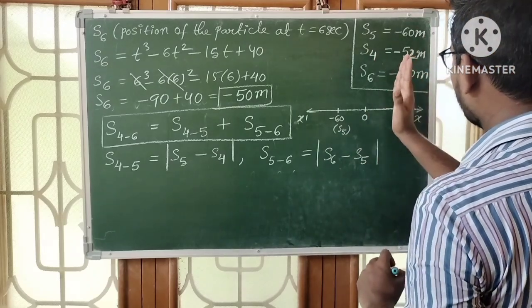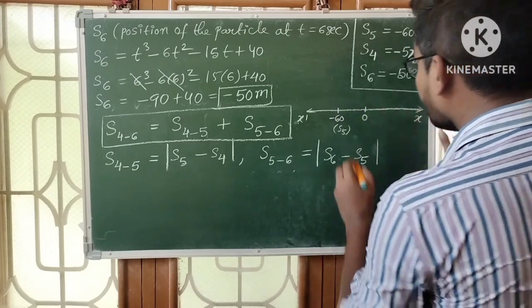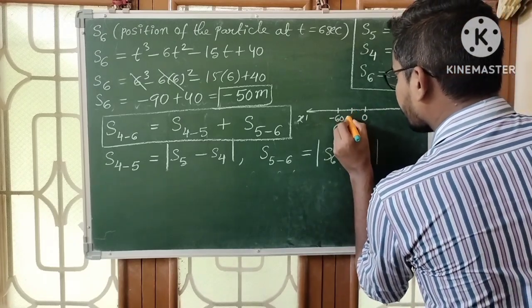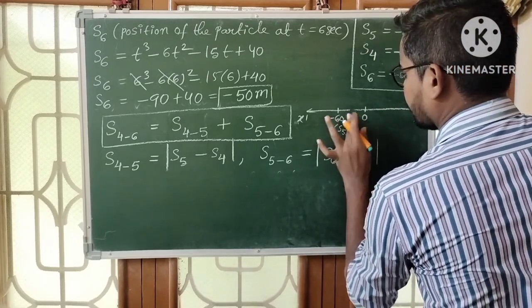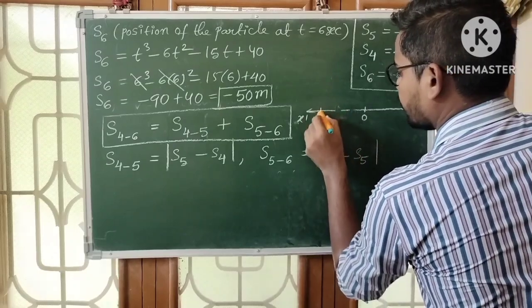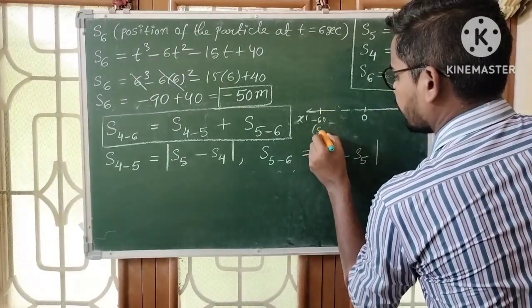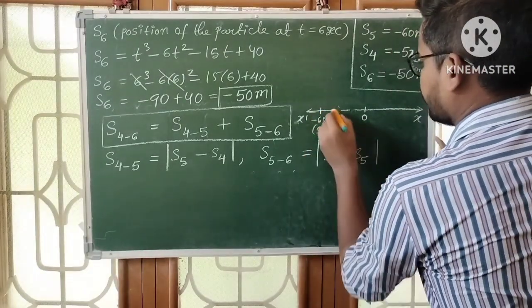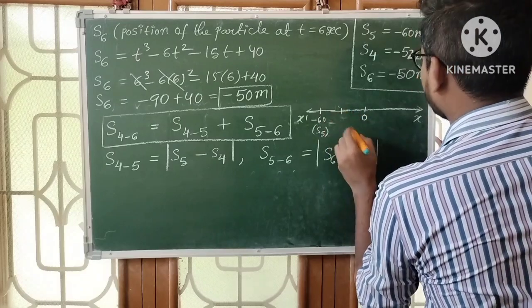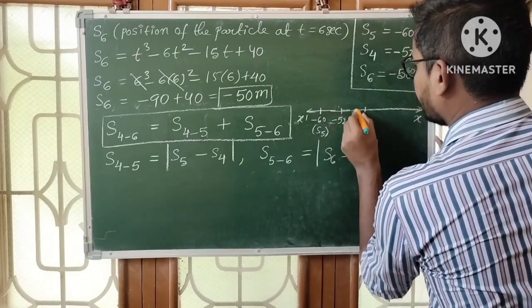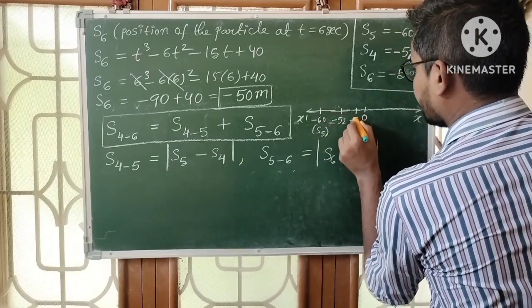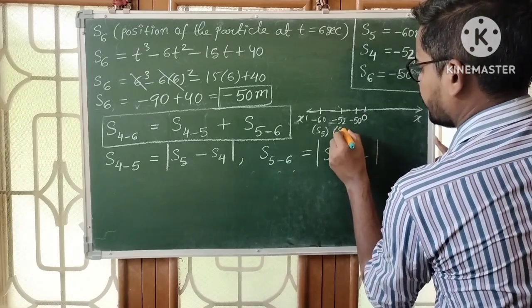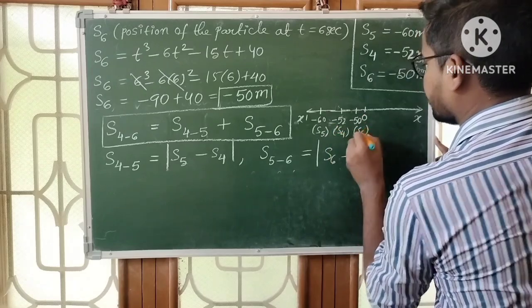And next S4, minus 52 meters. Minus 52 is located to the right of minus 60. So what is the value of S4? Minus 52. And next S6, minus 50. So this is S4 and this is S6.